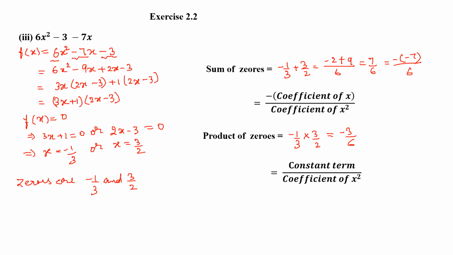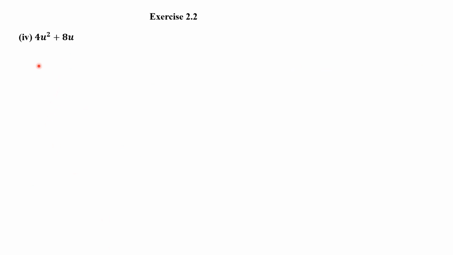Okay. Now let's do the fourth question. The fourth question is 4u square plus 8u. Okay, now let's assume this as f of u, which is equal to 4u square plus 8u. Now this polynomial does not have any constant term. So I can take 4u common over here. So I will be left with u plus 2.